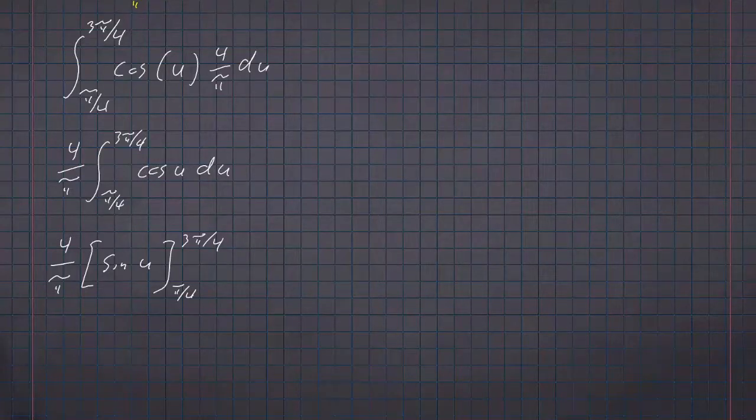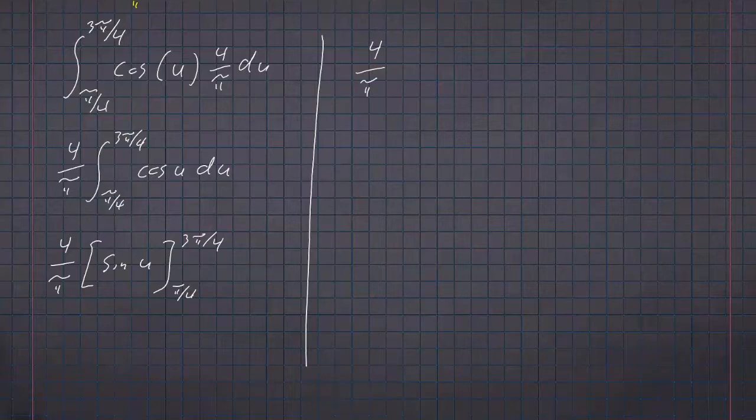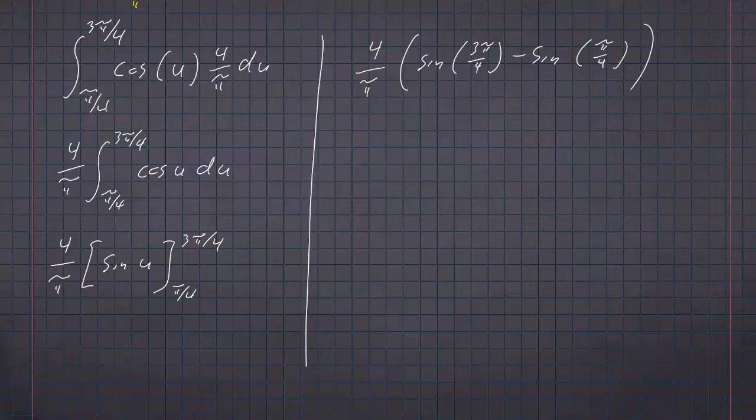Evaluating sine at the endpoints of the integration, we have 4 over pi times sine of 3 pi over 4 minus sine of pi over 4. Sine of 3 pi over 4 is the square root of 2 over 2.